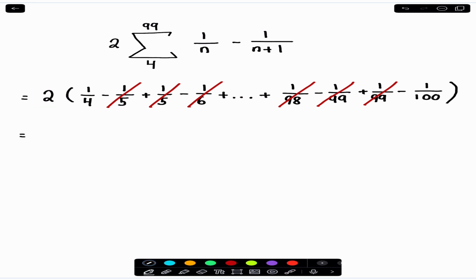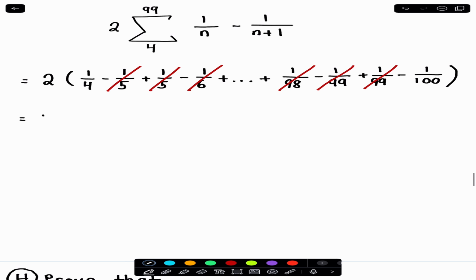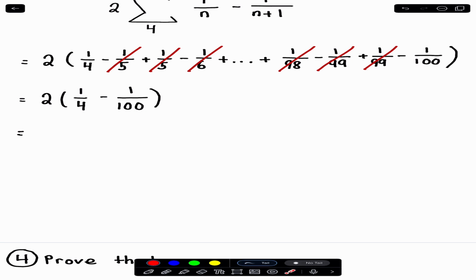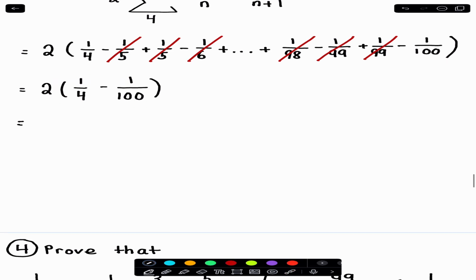So don't forget about your 2 that you stuck in the front at the very start. And I think the easiest way to do this would just be to distribute. So 2 times 1 over 4 is 1 over 2. And 2 times 1 over 100 is the same as 1 over 50.